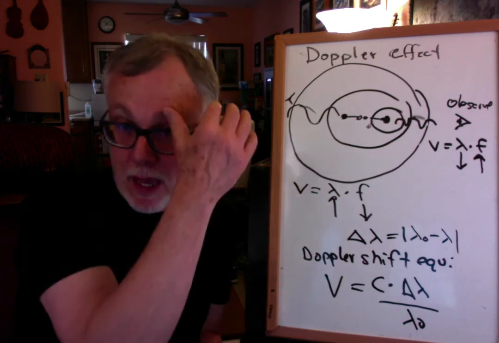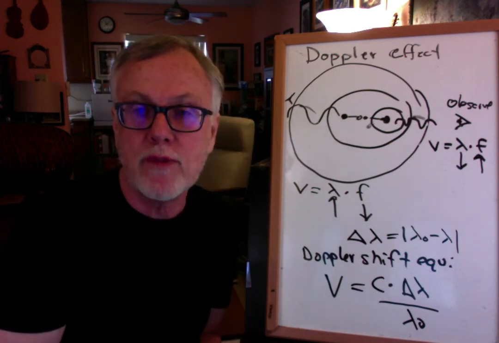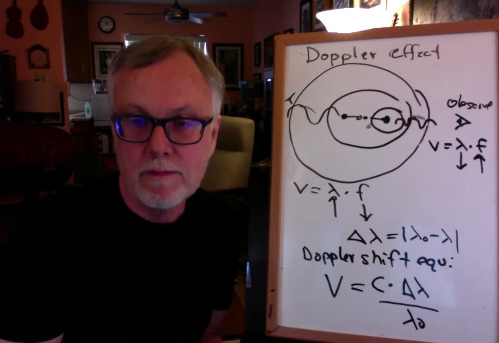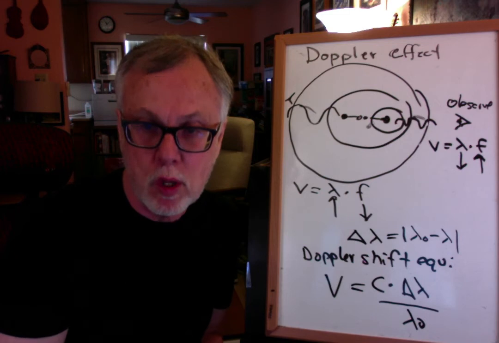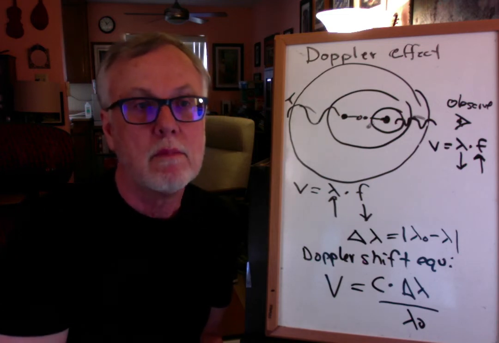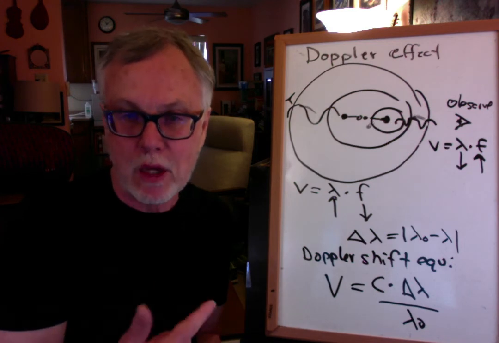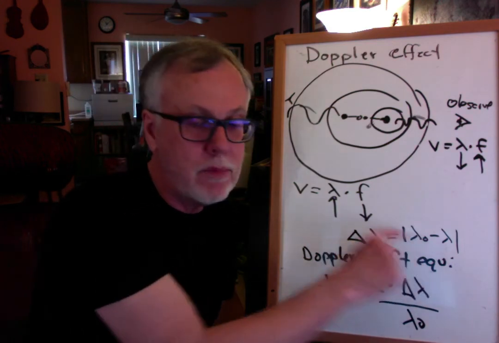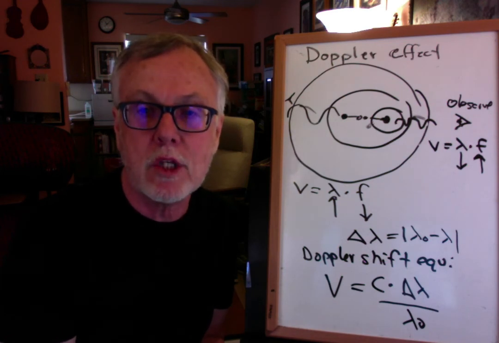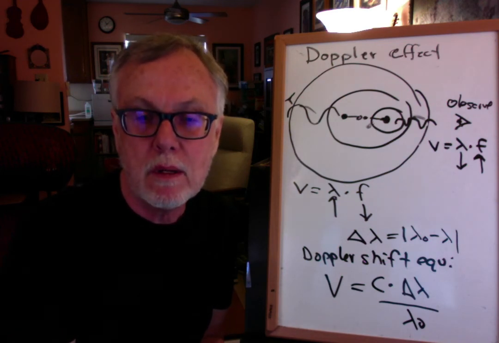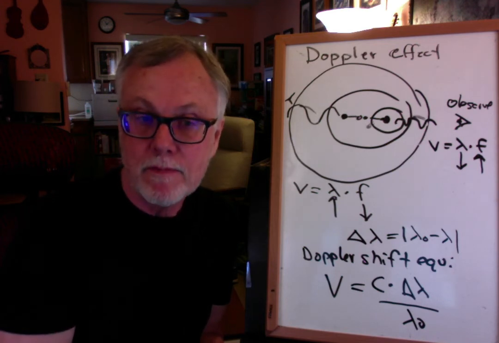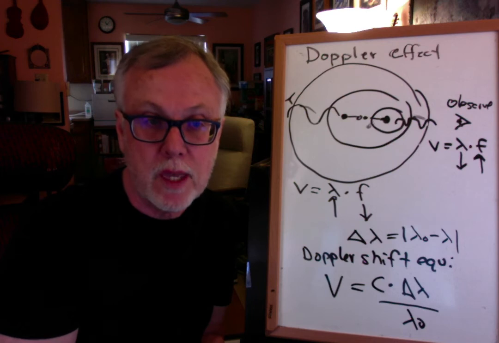And we get that by how the spectral lines have been shifted in the pictures of the spectra of a star from where they should be, their true positions, which would give their true wavelengths. But we can also use that shift, called delta lambda, in this equation to measure exactly the speed that they're moving towards us or away from us. And that's kind of cool.